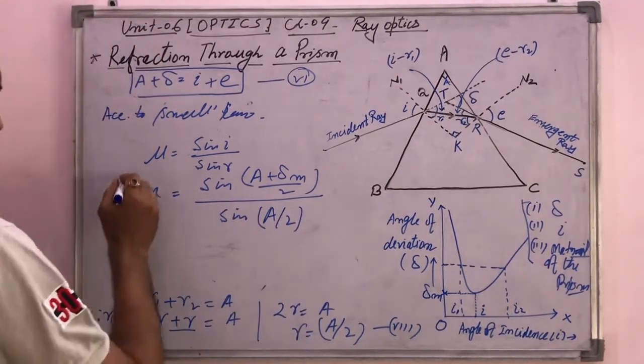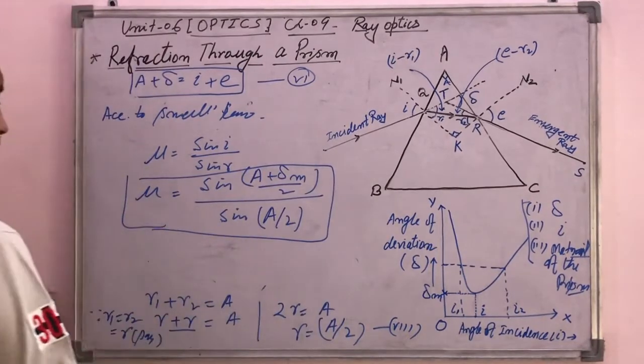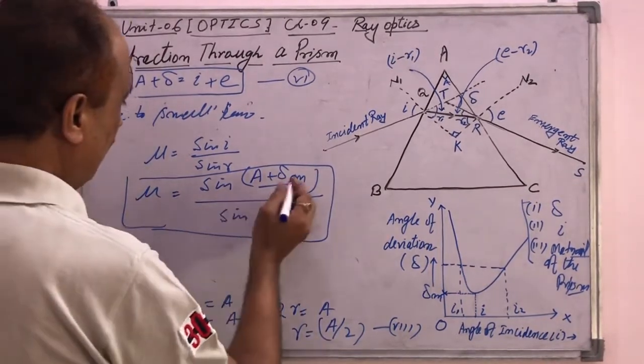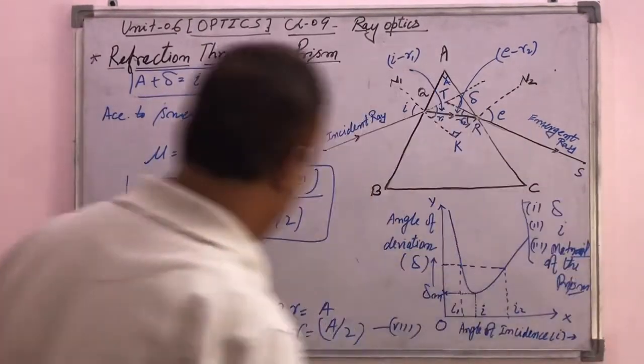So this is the formula for the refractive index of glass: mu equals sin of (A plus delta m) by 2, upon sin A by 2.